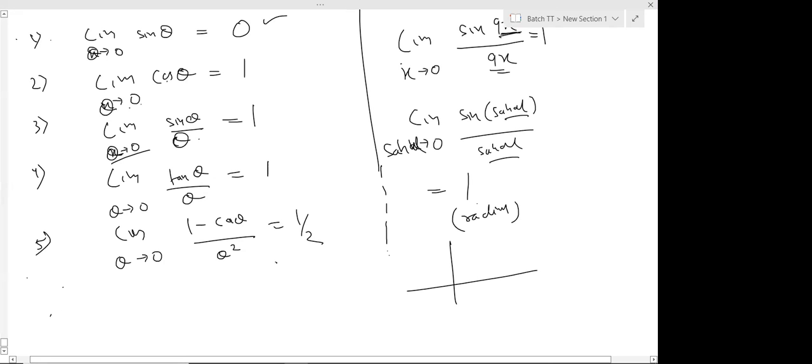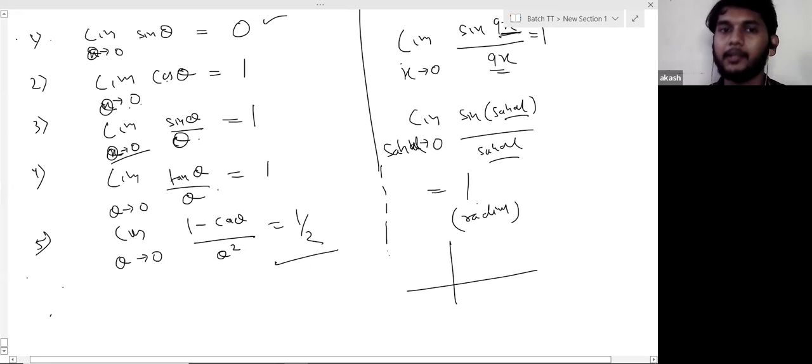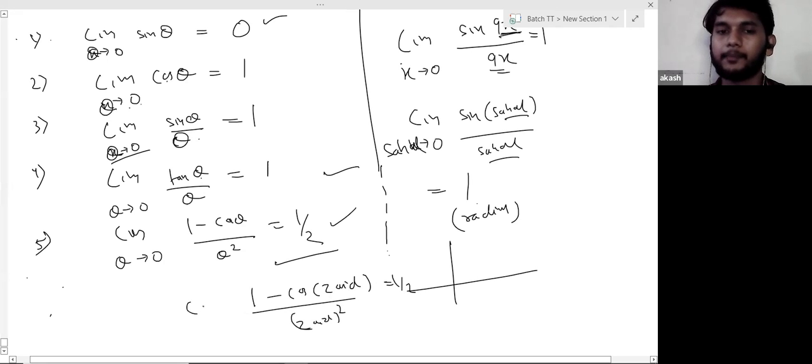So this is also true. And remember again, whatever the angle be, it does not matter, the answer will be the same. If I write 1 minus cos z upon z square, given that z is in radian, this will be half.